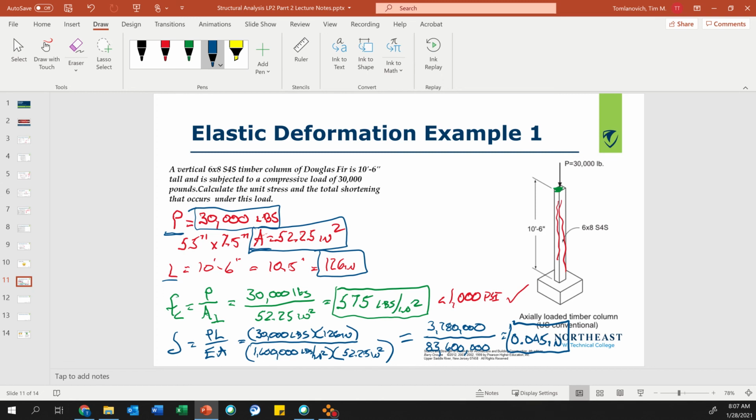So if you take that number, just turn it into sixteenths, take it times 16, so that's less than a 16th. So it's about 1/16 of an inch of shortening. That's not much. Okay? So that's example 1. So we answered the stress, and then we answered the shortening.